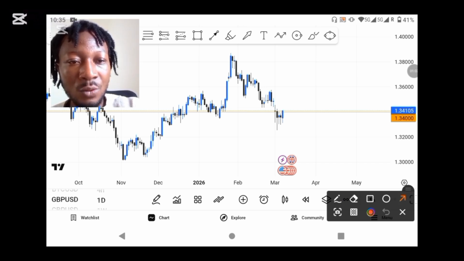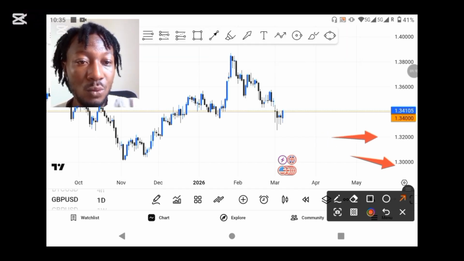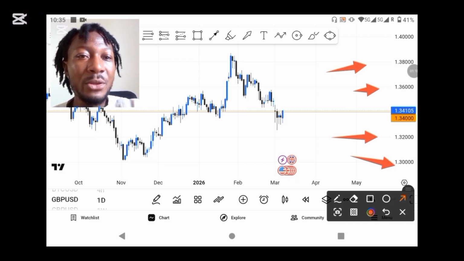So 1.3000 is a psychological level. 1.3200 is a psychological level. 1.3600 is a psychological level. 1.3800 is a psychological level.